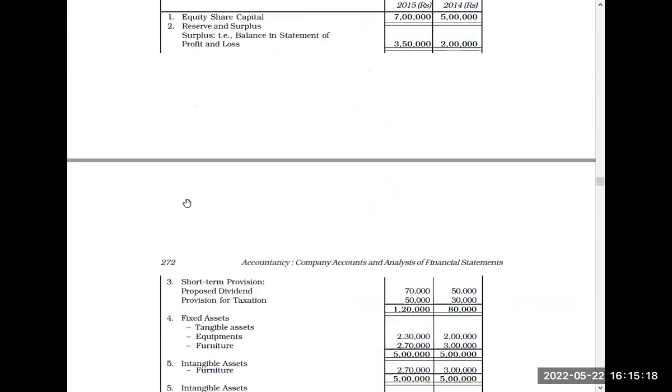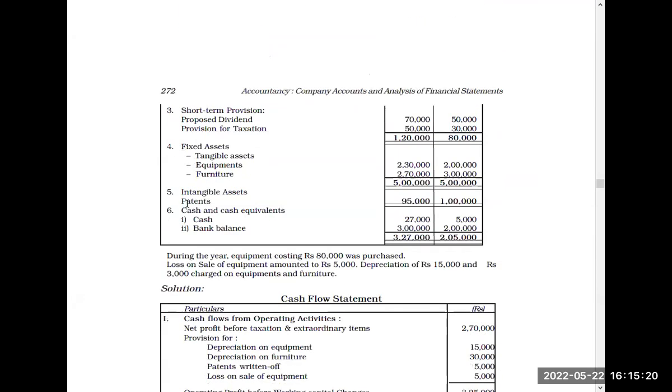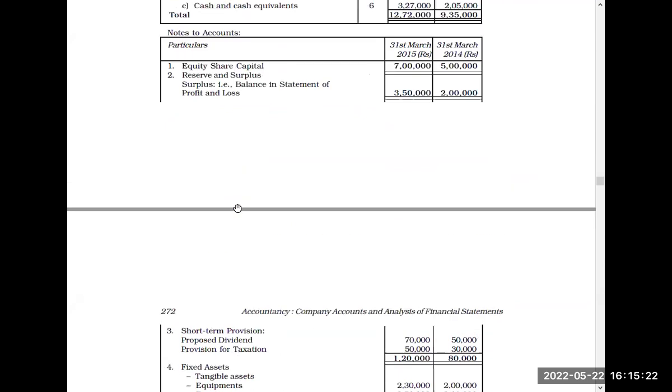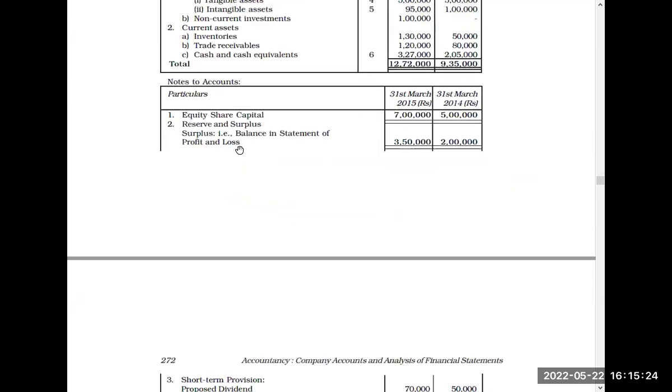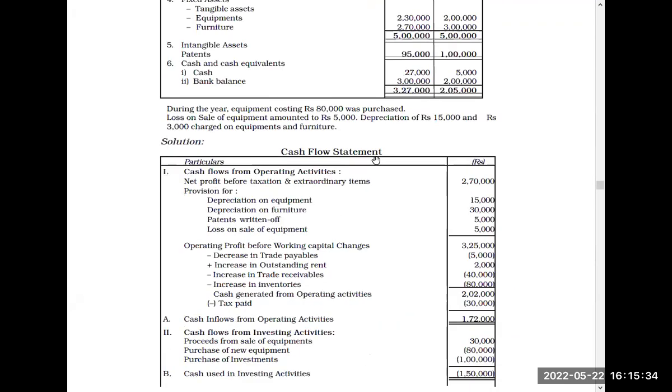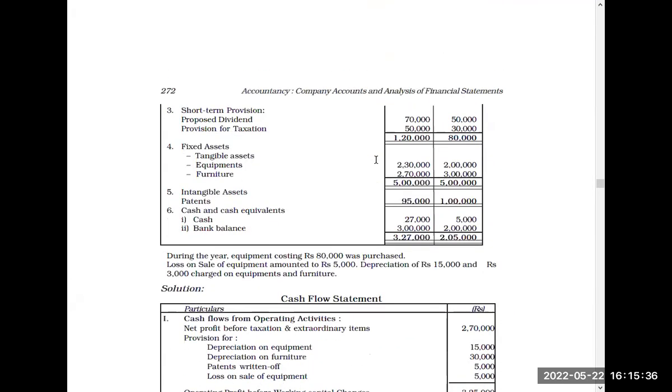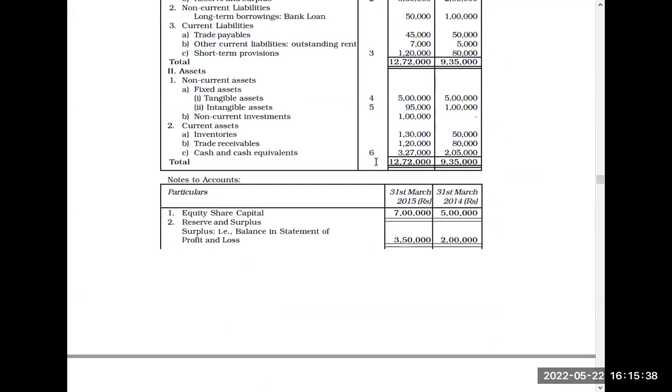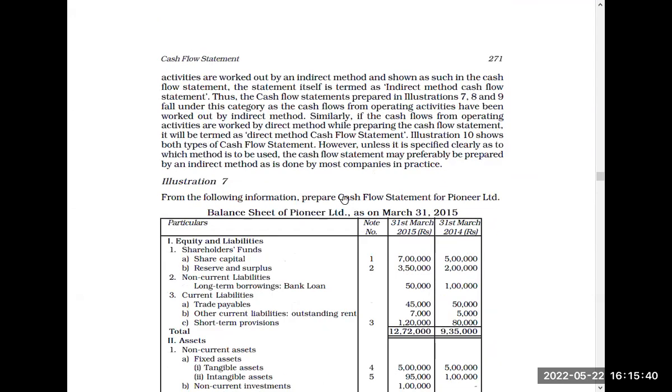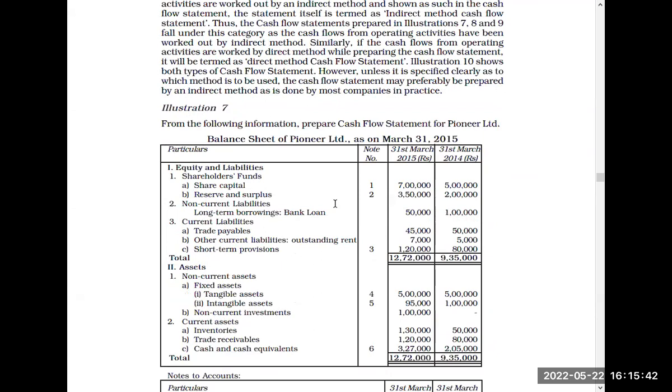Okay. Working note regarding the profit, surplus. Look at this. Profit and loss is given 350 and 2. 2 lakh was the profit. Now it is 3,50,000. So what's the difference? 1.5, but is any other adjustment there? Look at the tax paid or something.